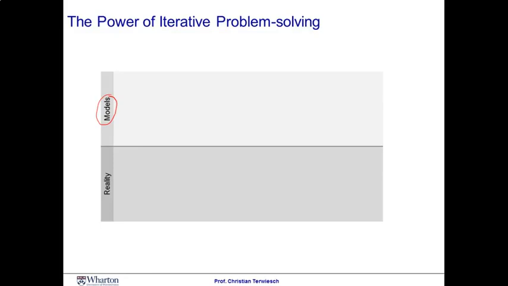They're hopefully a good approximation, but they're still imperfect approximations of the underlying reality in the operations. Now, as academics, consultants, and managers, we are always at risk that the ideas that we come up with are just based on our thoughts and the models that we've generated in our brain, but they don't work in reality.